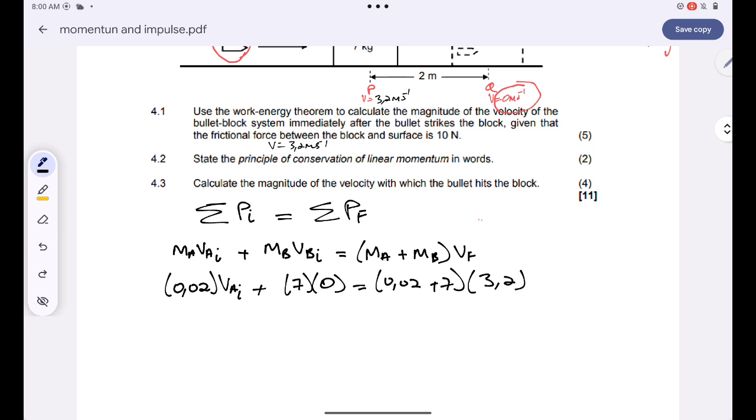And then I'll simply have, therefore, the velocity of the bullet just before collision, let me calculate. I have 7.02 multiplied by 3.2 divided by 0.02. Speed is a scalar.